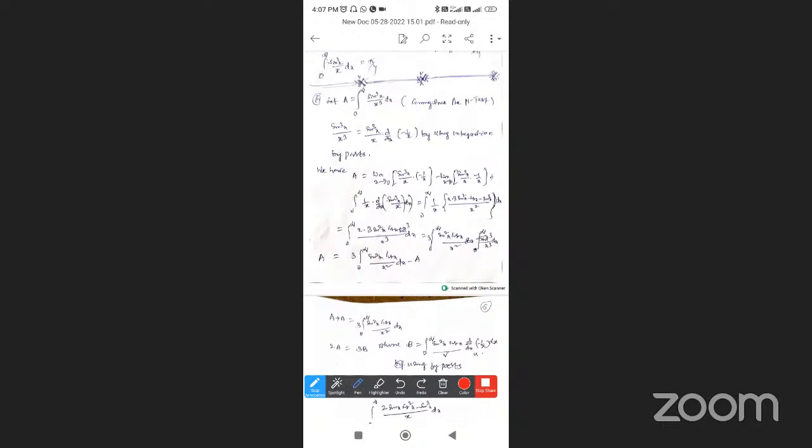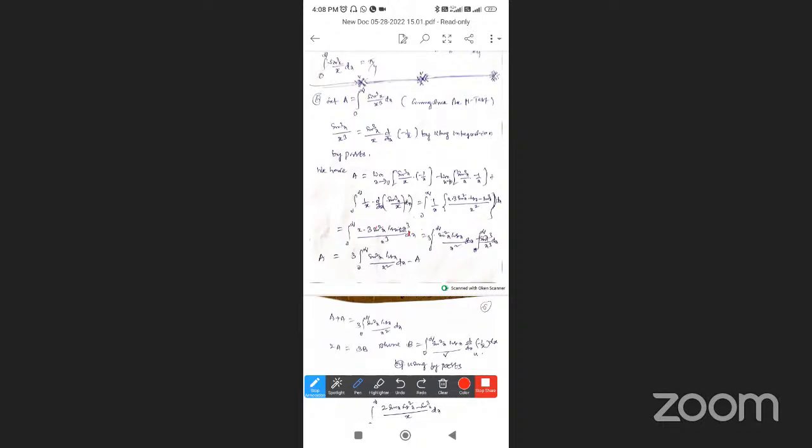Apply the upper and lower limits: limit as x tends to infinity of sine cube x by x into minus 1 by x, minus the limit as x tends to 0 of sine cube x by x into minus 1 by x, plus the integral from 0 to infinity of 1 by x into d by dx of sine cube x by x dx.